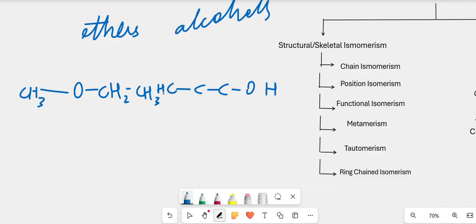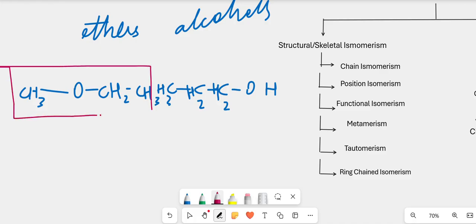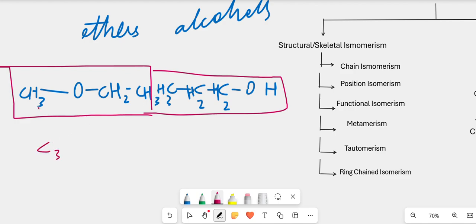CH3, CH2, and CH2OH. Right. So let's just separate. This is a compound of ether, and this is an alcohol. You can see that you have three carbon atoms, eight hydrogen atoms, and one oxygen atom.